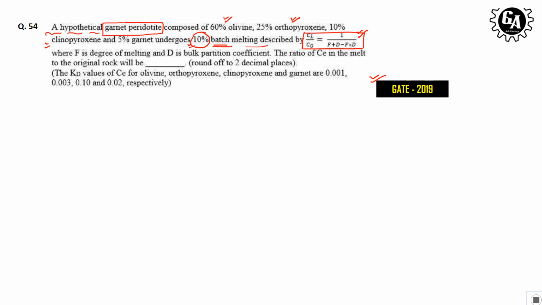Here F is the degree of melting, or the fraction of melt produced, and D is the bulk partition coefficient.